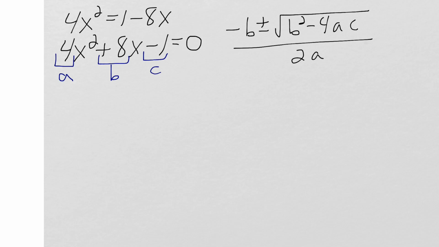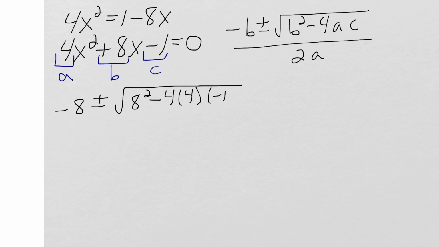The negative of B would be a negative 8, and then plus minus the square root of B squared, which would be 8 squared, minus 4 times A, which is also 4, times C, which is a negative 1, and that's all over 2 times A, which is 2 times 4. So that's everything plugged in.